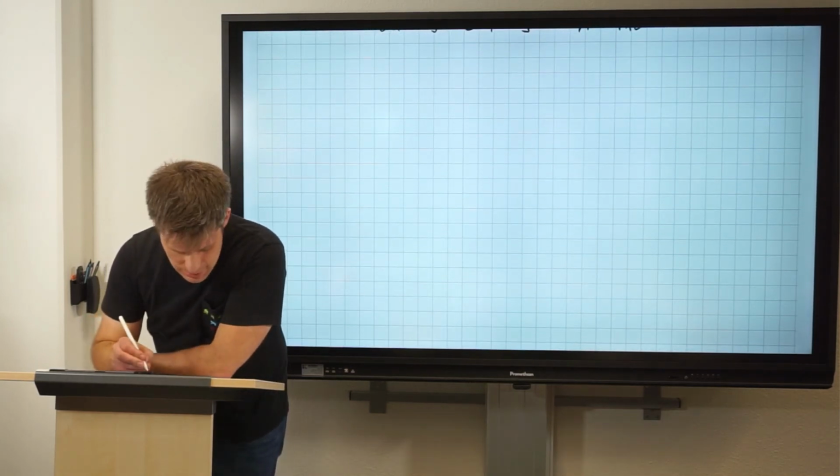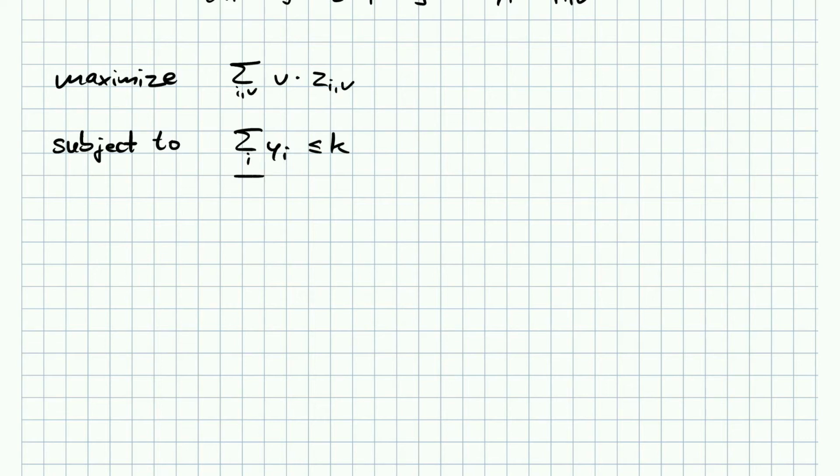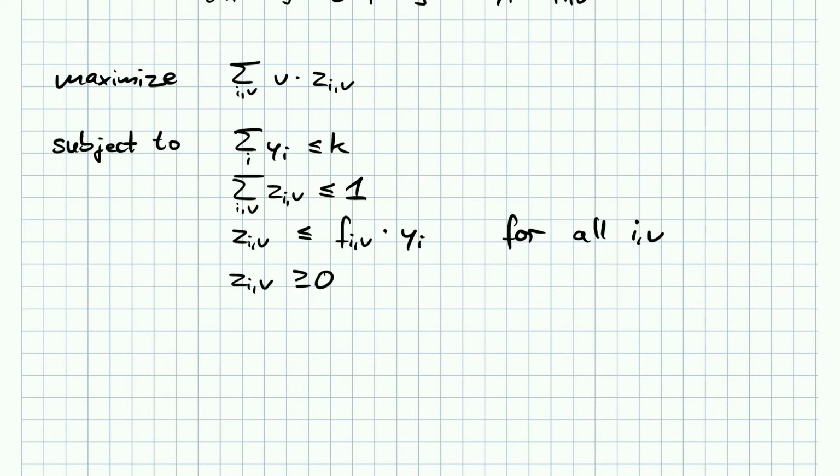So our LP relaxation is: maximize the sum of all v times z_{i,v}, subject to the constraints that the sum of the y_i is at most k, that the sum of the z_{i,v} is at most 1, that each z_{i,v} is at most f_{i,v} times y_i, this has to hold for all i and v, and that z_{i,v} is at least 0, and actually also y_i has to be at least 0, for all i and v.